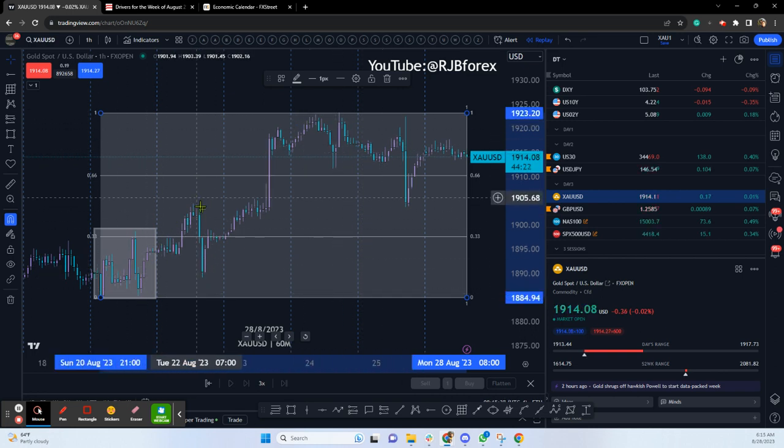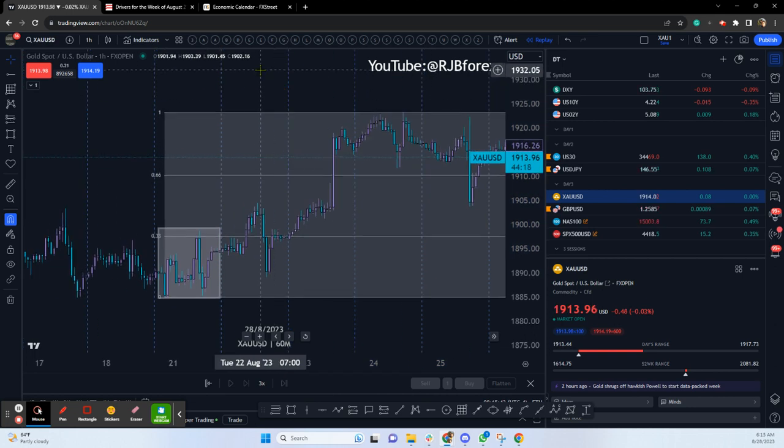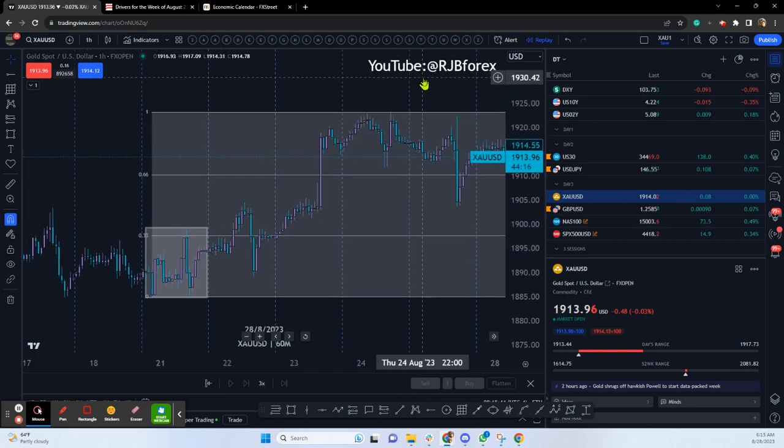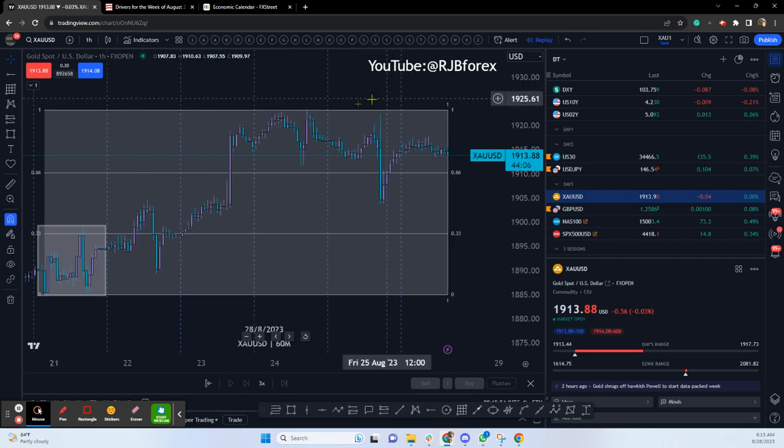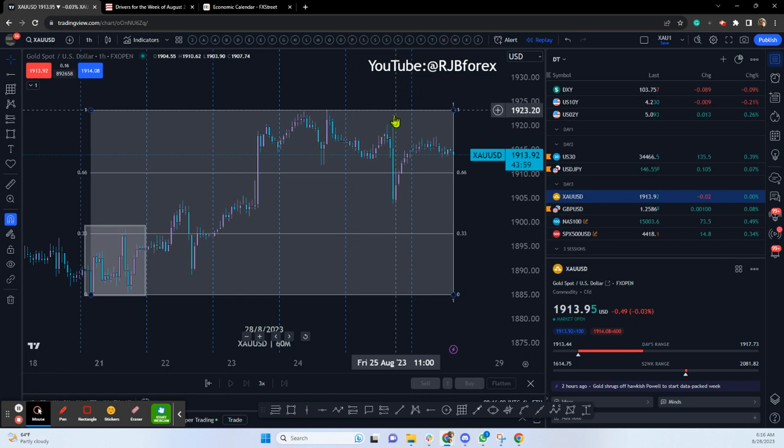So it rose into level 2 and then it rose into level 3, right? And it did that in 3 pushes. So it pushed out the range here. So there's 1, 2, and it came up to the high 3. 3 pushes into the high. And that gave us our bias for going short on Friday. Now we've come back up into level 3.